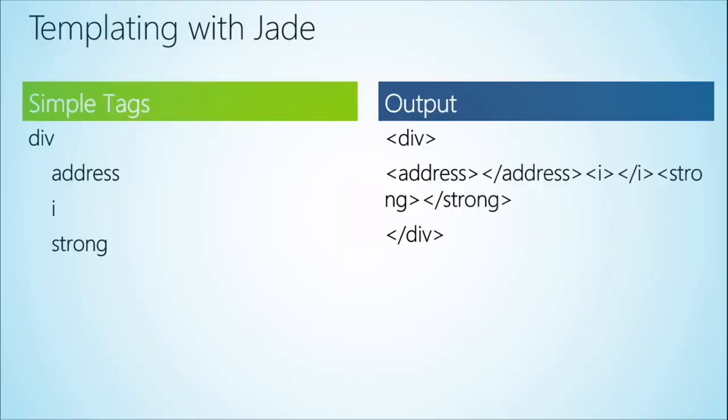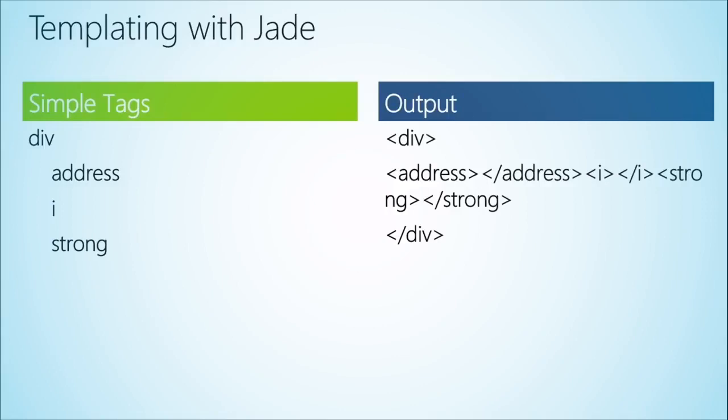So just to go over an example, and we saw something on the Jade site, but to give you the actual output, if you look at just some simple tags here, you specify a div, you get the output of a div. Then you'll see that if something's tabbed in, like an address element, for example, it's going to do that same kind of hierarchy that you would try to achieve in HTML. Same thing with the i and the strong.